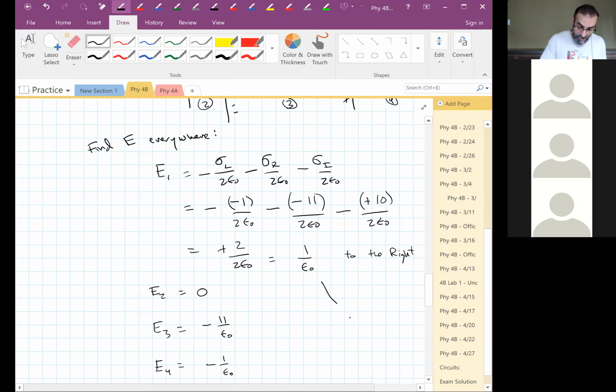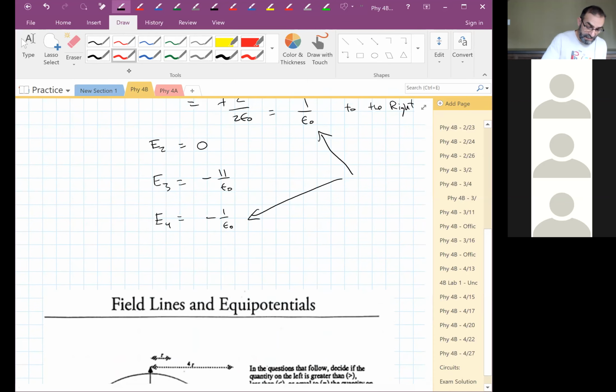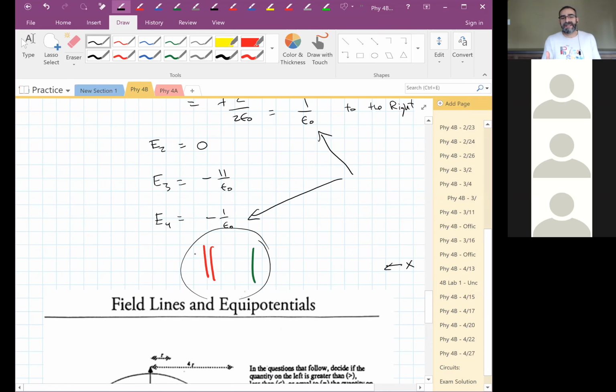And these two have to be equal and opposite. Because if you're standing outside looking in, if you have a sheet of charge here and another sheet here, and you're way out here looking in, all you see is a bunch of charge there, right? And if you're standing out here looking in, all you see is a bunch of charge.